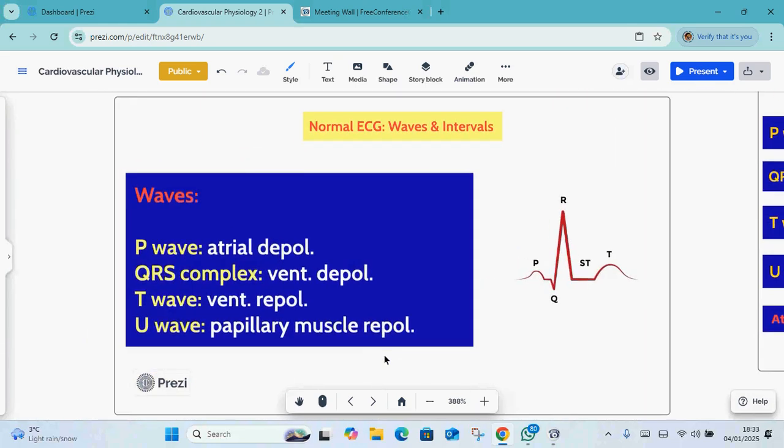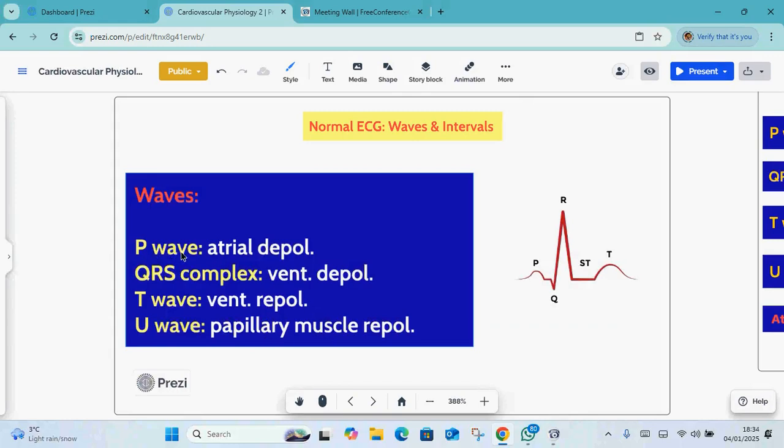There are waves and intervals in the normal ECG. There are main waves: P, Q, R, S, and T. And U, you don't see it in the normal ECG, and it's due to papillary muscle repolarization.